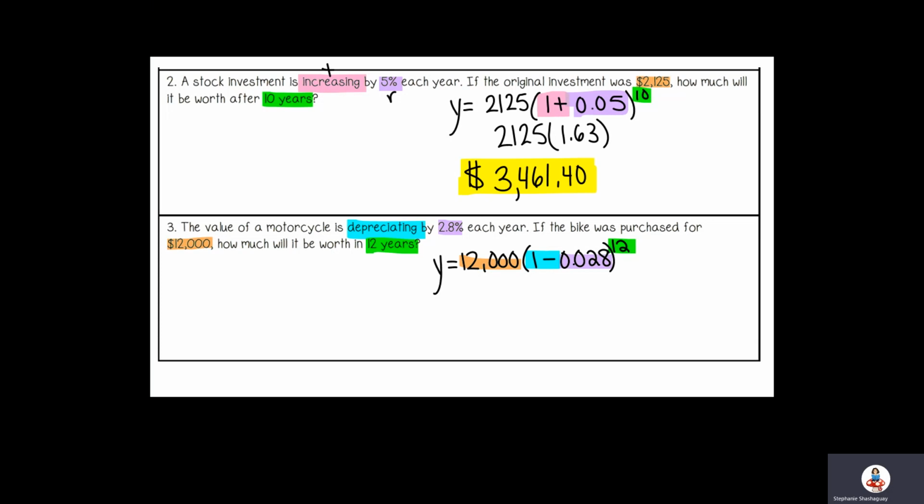When I plug that all into my calculator, sorry, I'm running out of time, I get $8,534.47. And that's the value of the motorcycle after 12 years.